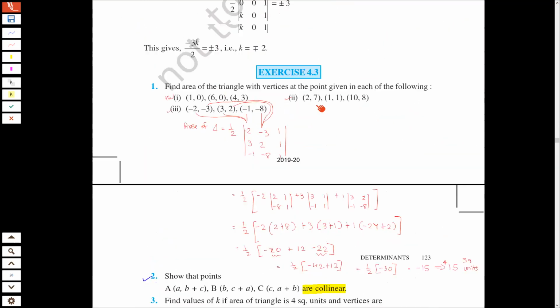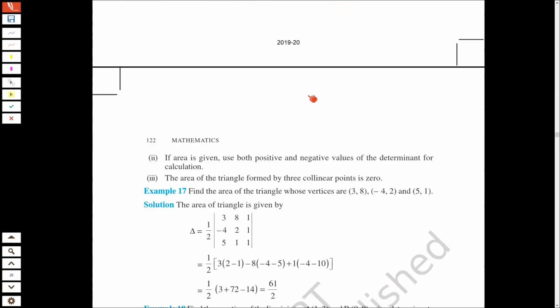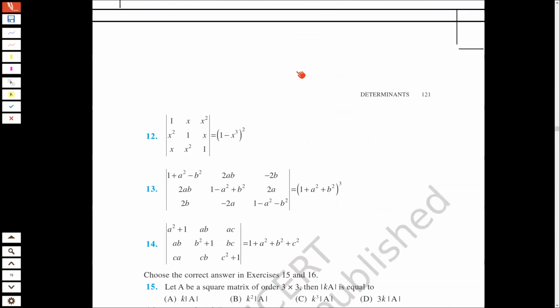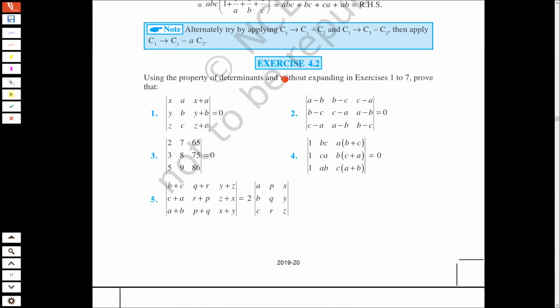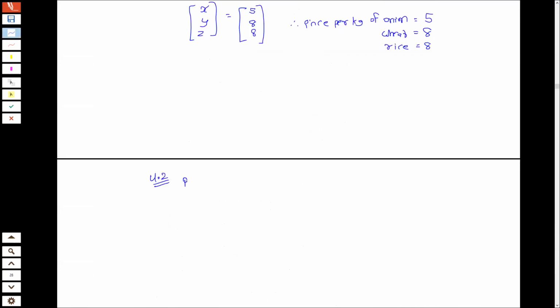Okay, here we have 4.2 and there are a few properties. So let's have some revision. I must have written the properties somewhere above.